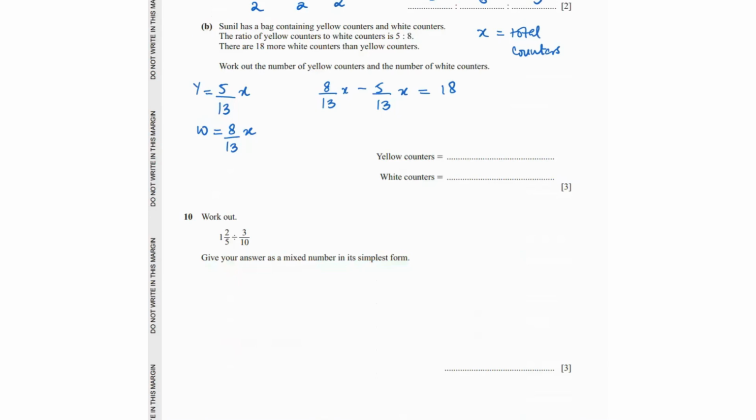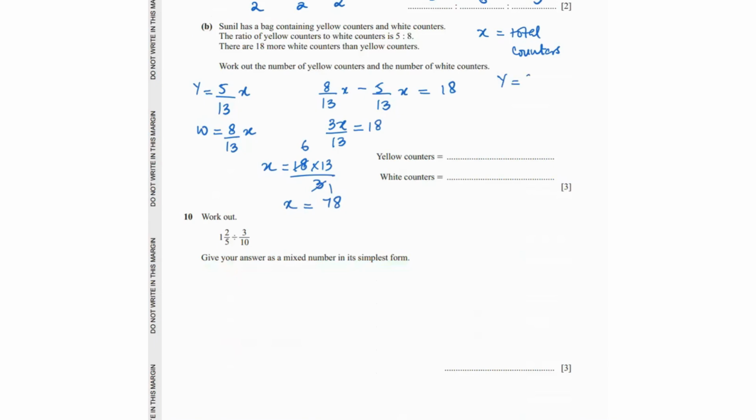So 8x minus 5x is 3x. x is going to be 18 times 13 divided by 3. We know 18 and 3 come in the same times table. 3 ones are 3, 3 sixes are 18. So now 6 times 13 is going to be 78. So total counters are 78.